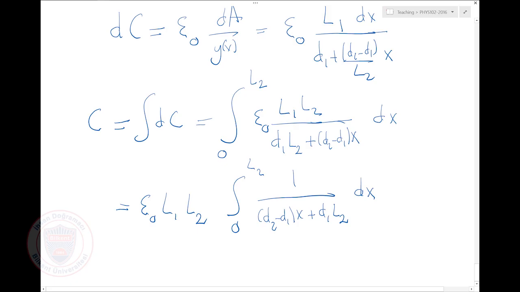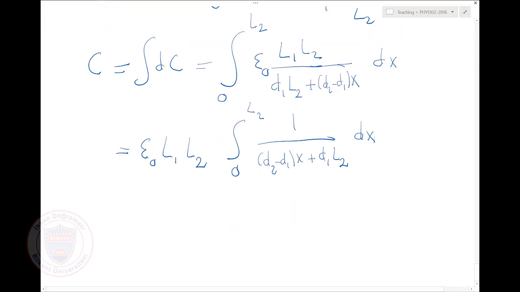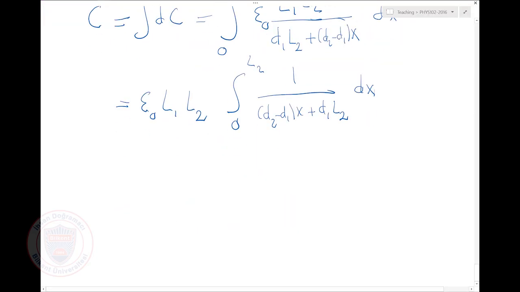How am I going to evaluate this integral? By a simple substitution, the way we evaluate all our integrals. I'm going to call u as d2 minus d1 times x plus d1 L2.